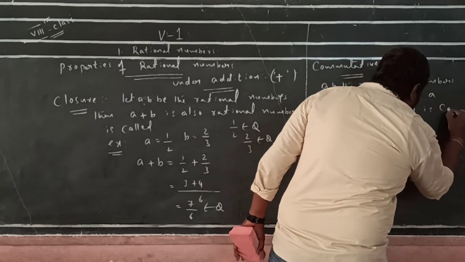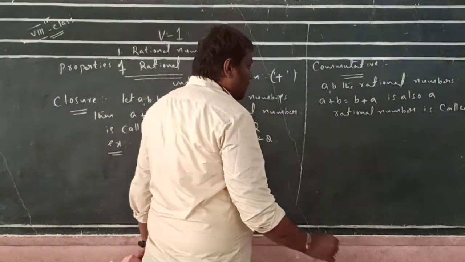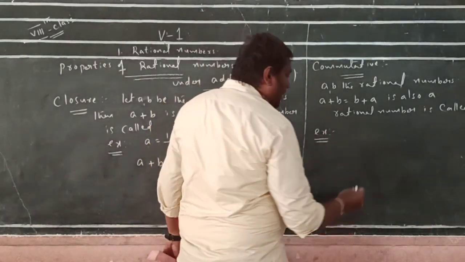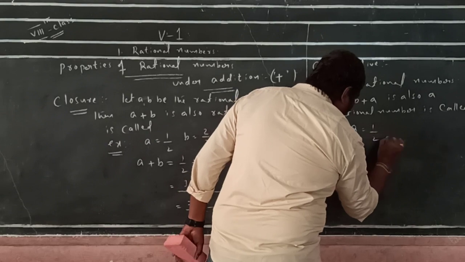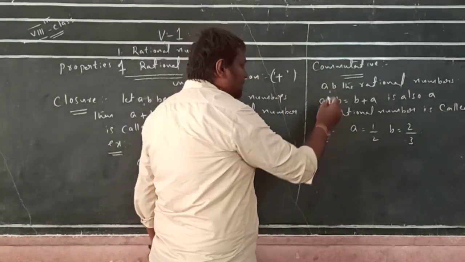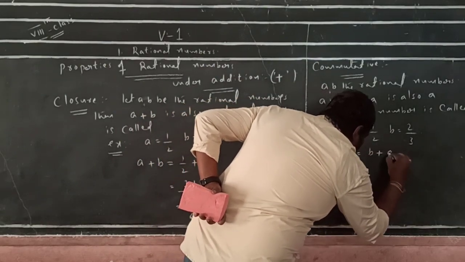This is called the commutative property. For example, take a value 1/2 and b value 2/3. The condition is a plus b is equal to b plus a.